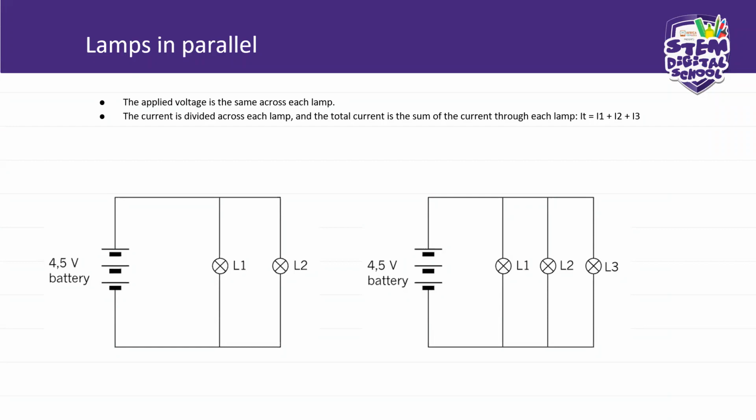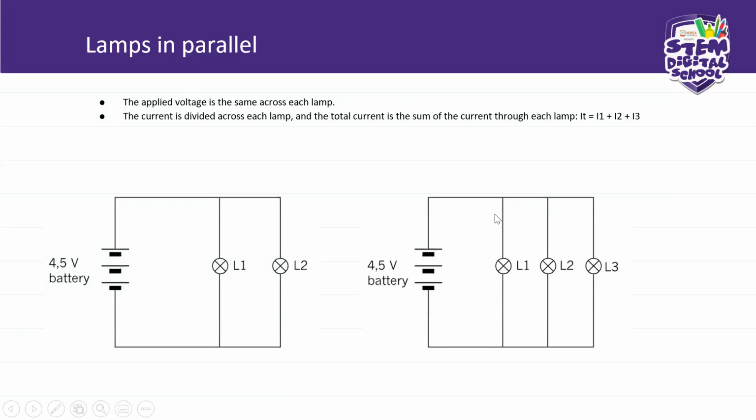So each and every light will be having its maximum output from the battery source, from the power source. Okay, it will not be like in the series connection. Okay, so that is the advantage of lamps in parallel.